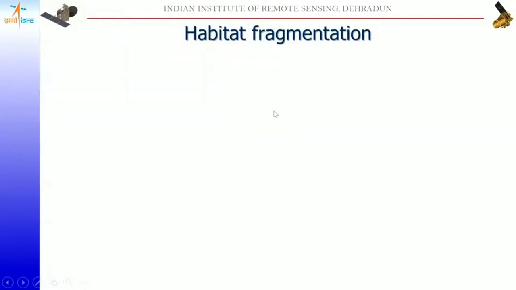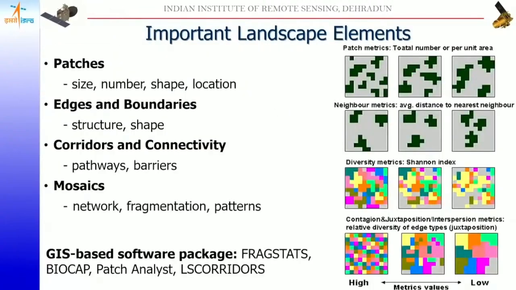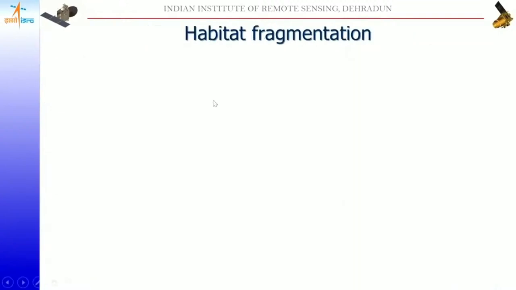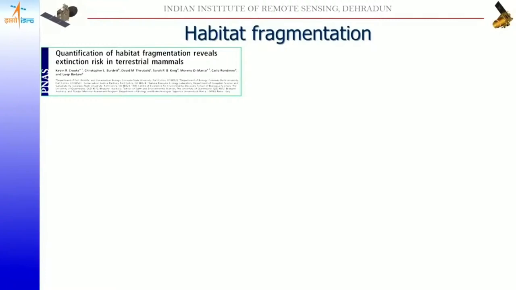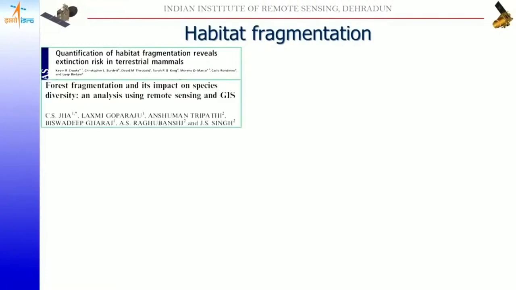So based on this analysis, the landscape metrics, we assess the landscape fragmentation over the area. And in recent decades, you will find lots of studies focused on quantifying the fragmentation of habitats over the area.